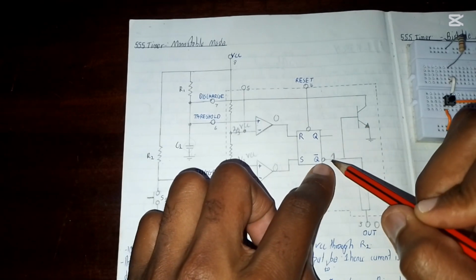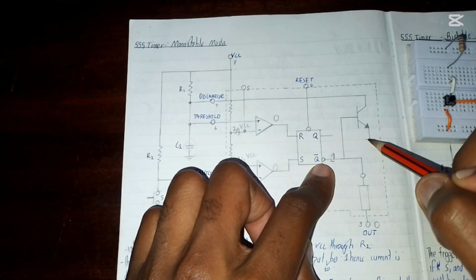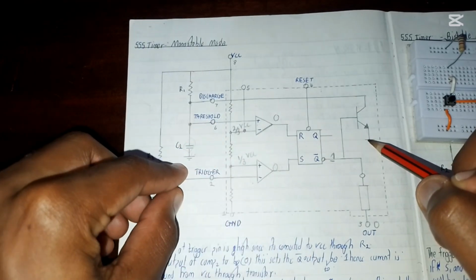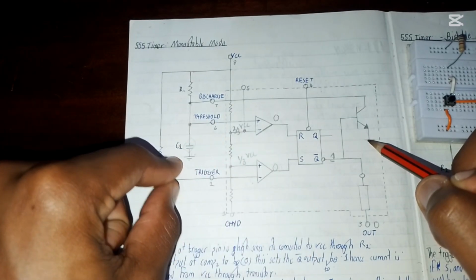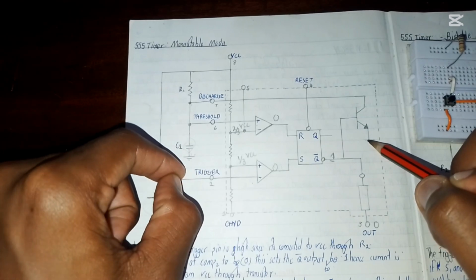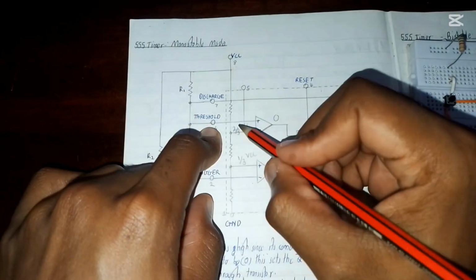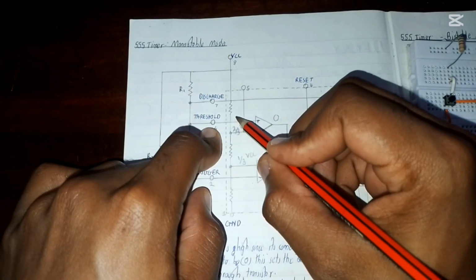Because this is 1, this part of the circuit will be on, meaning that it's going to discharge this capacitor. It's not going to allow the capacitor to charge. So if this part is on, this part is off, and this part is going to be low, 0.